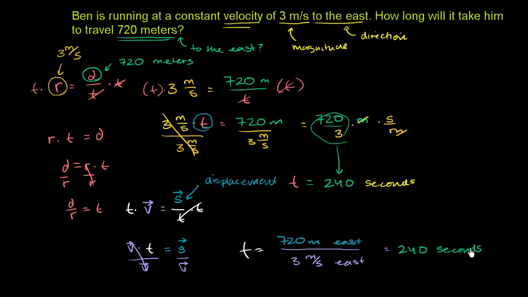One note I want to give you. In the last few problems, I've been making vector quantities by saying to the east, or going north. What you're going to see as we go into more complex problems, and this is what you might see in typical physics classes or books, is that you define a convention. Especially when we're just dealing with one dimension, where you can either go forward or backwards, or left or right.